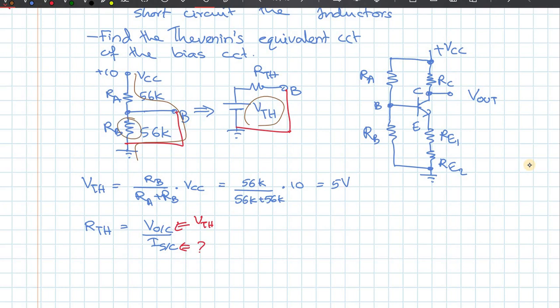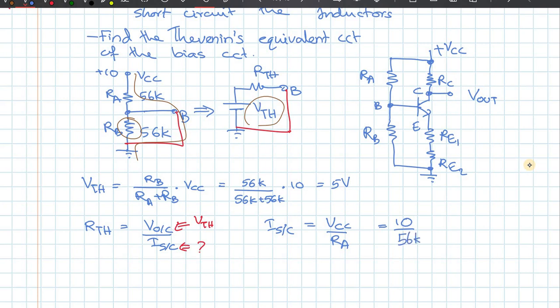So my I short circuit is equal to VCC divided by RA. Those are the only elements. This is the only resistor that you have in my path. Okay, so that's 10 divided by RA, 56K.